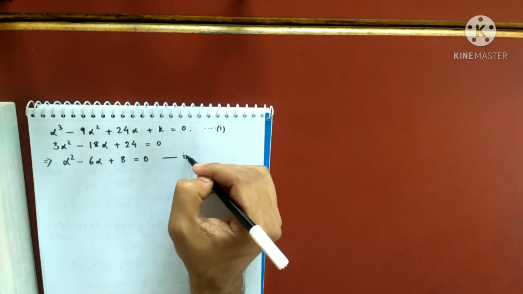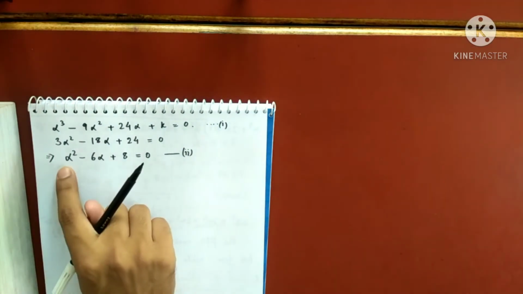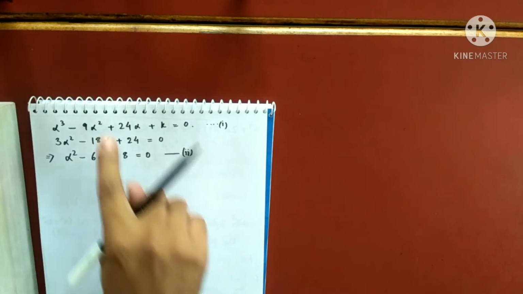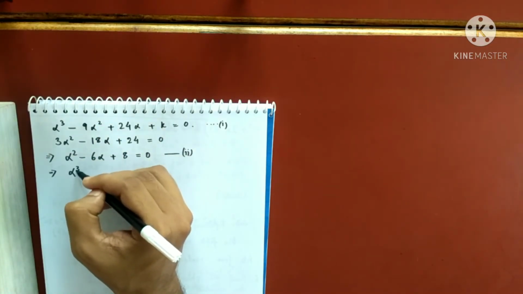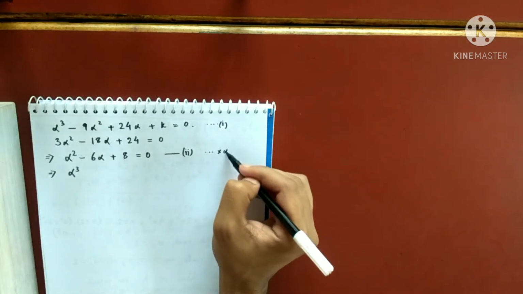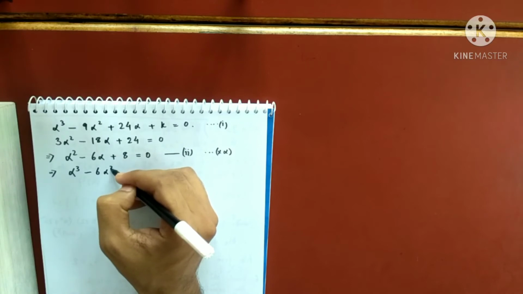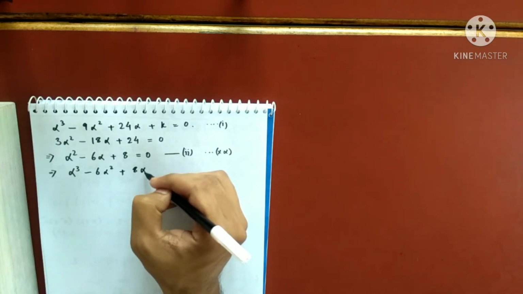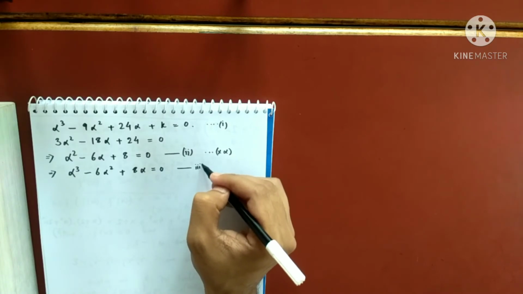This is equation 2. We have done this kind of elimination in the last class. So how will you eliminate this? First of all, we'll multiply this by alpha and then subtract from this one. If I multiply this by alpha, alpha cube minus 6 alpha square plus 8 alpha equals 0. We'll call this equation 3.